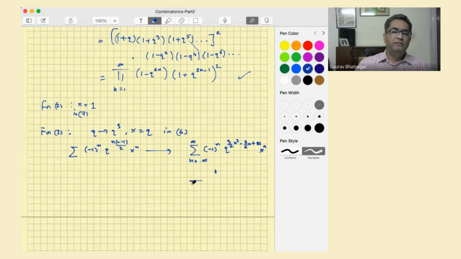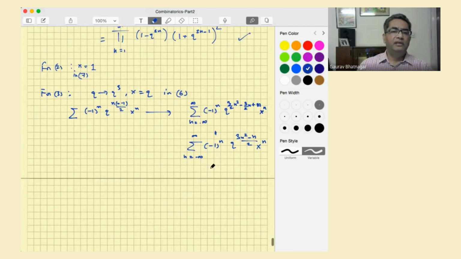So this becomes the sum over n from minus infinity to infinity of (-1)^n q^((3n^2 - n)/2) x^n. So this is your Euler's sum side. This we already know, the pentagonal number side.